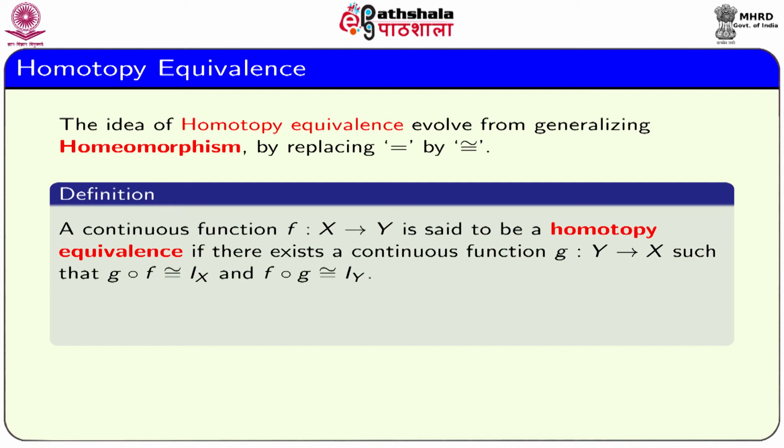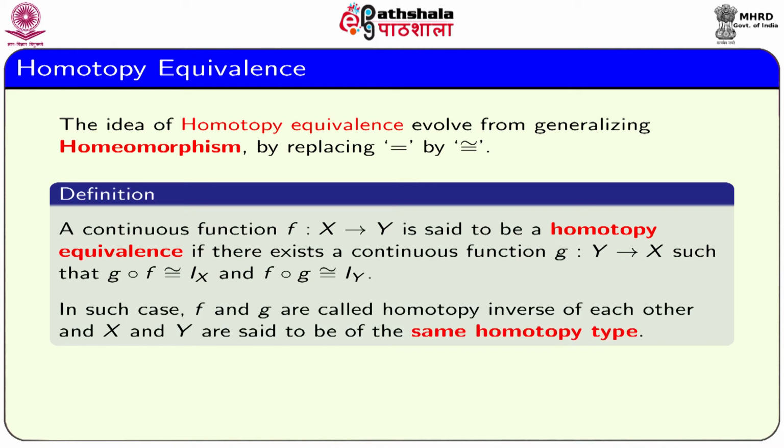Now we see that in the case of homeomorphism, we were looking for such a function g where g composed f is equal to identity and f composed g is equal to identity. In such a case, f and g are called homotopy inverses of each other, and X and Y are said to be of the same homotopy type.